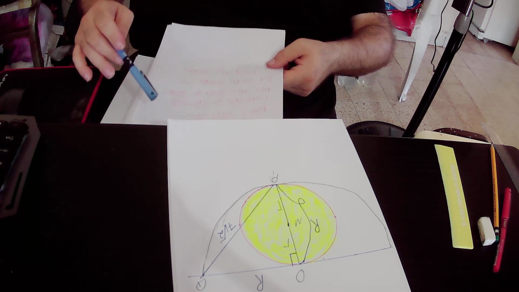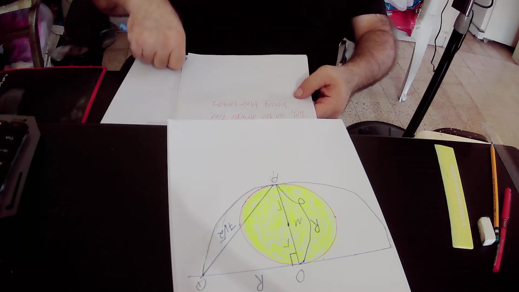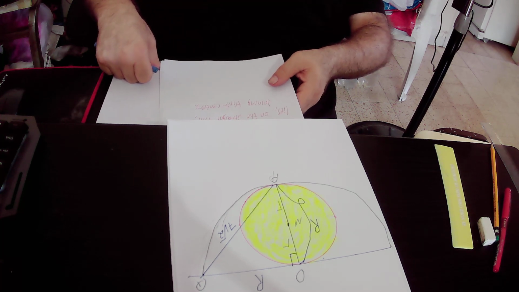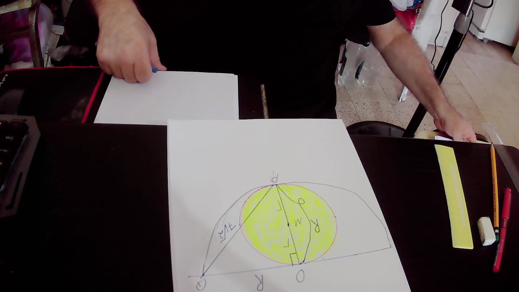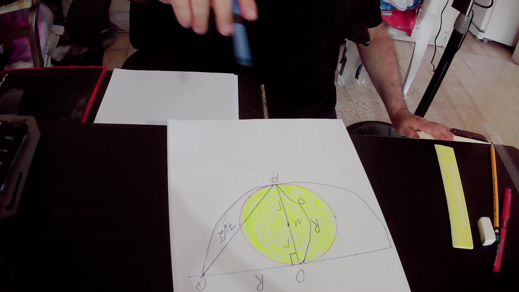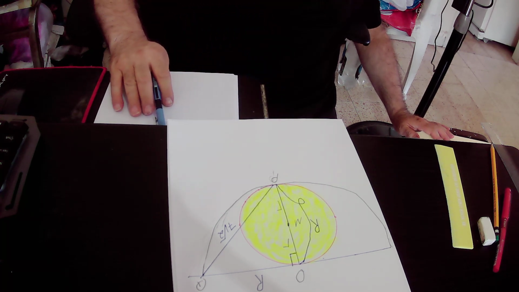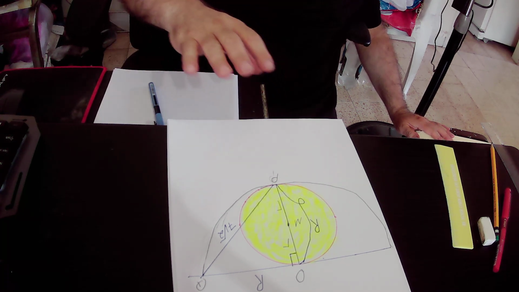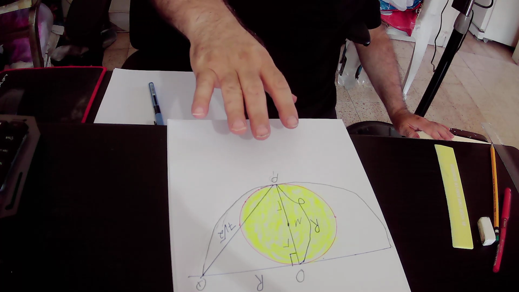Now I will summarize the lecture. Actually, we wanted to find the area of the yellow circle. In the picture we have the semicircle.